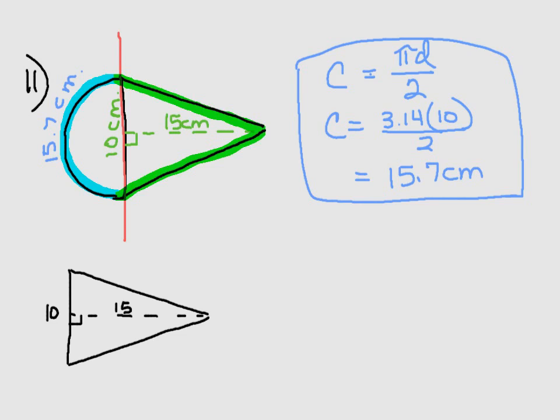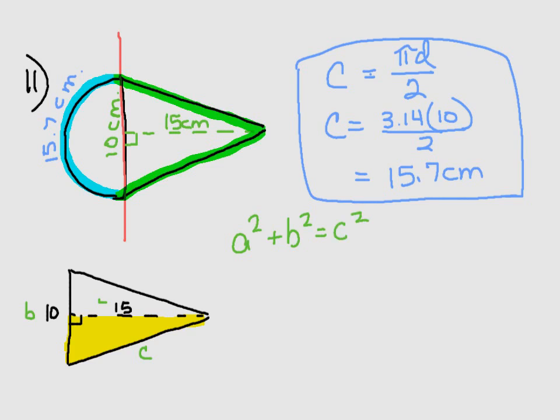If you look carefully and remember back, you will find that this triangle can be seen as two right triangles, where the legs are 15 and 10, and we can find the hypotenuse using the Pythagorean Theorem. A squared plus b squared equals c squared.